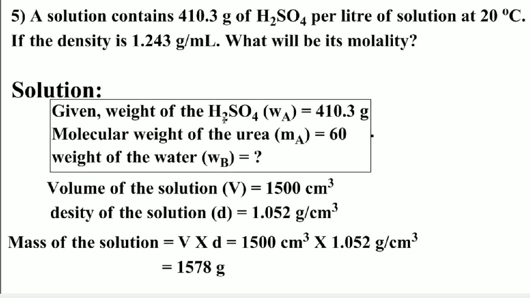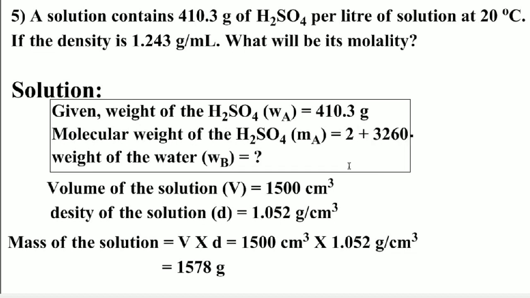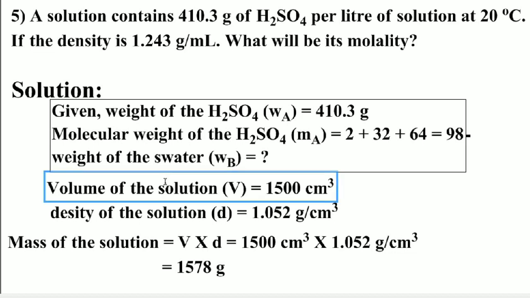And the molecular weight of H2SO4, students, we know, is 98, because two hydrogen atoms, one sulfur atom 32, and 4 oxygen atoms, 16 fours are 64. So the total 98 is the molecular weight of H2SO4. We should find the weight of the solvent, that is nothing but WB.